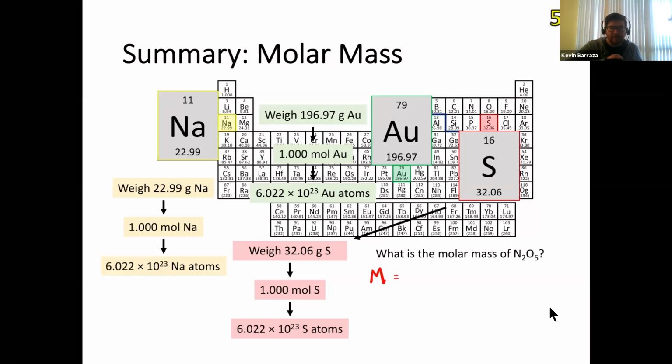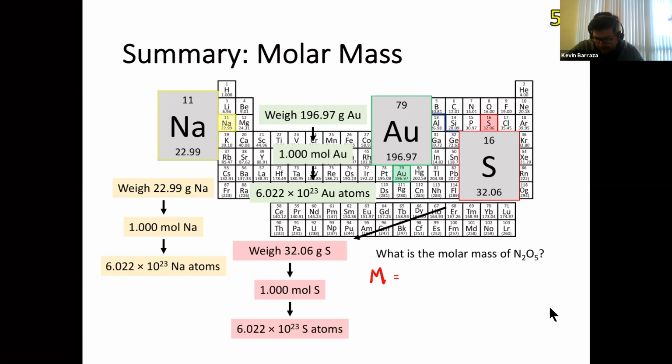So for the molar mass of this substance, we learned in the previous few slides that the molar mass of a compound is the sum of the molar masses of its atoms.